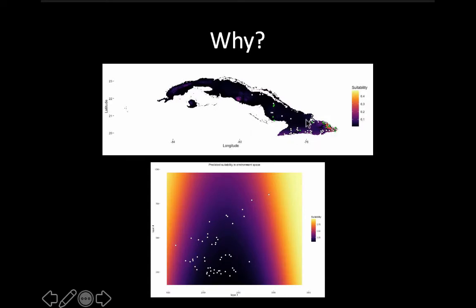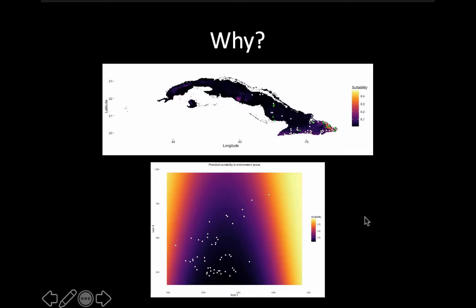One is that when we are essentially projecting our model into geographic space and evaluating it, our model performance is going to be very strongly affected by the sets of conditions that are common in the space over which we're evaluating our model. So if our model gets a lot of stuff wrong, but happens to be right in the sets of environmental conditions that are common, then it'll have a really good fit in geographic space, even if it's a very poor fit in environment space.